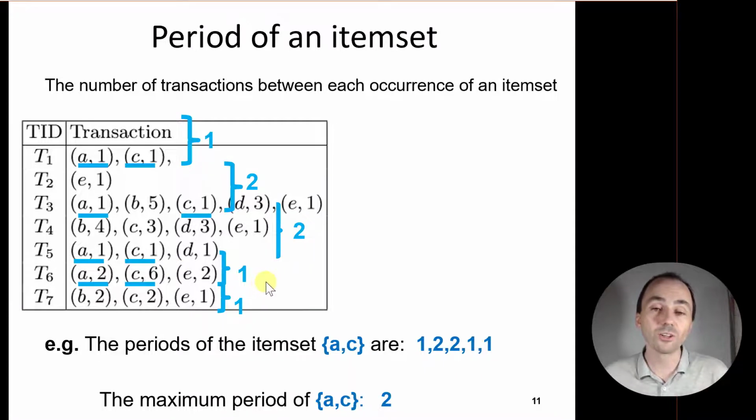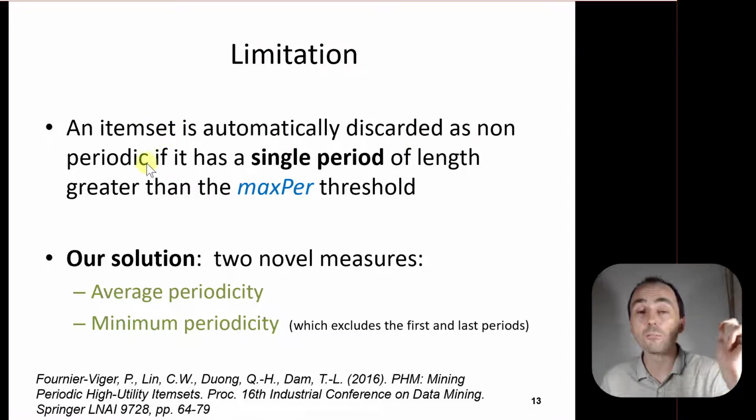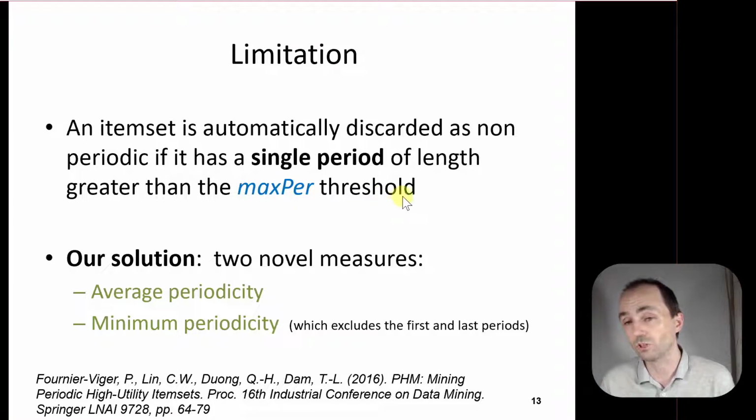Let's continue. We could use this definition of periodic item set mining for high utility item set mining, but there is a limitation. An item set will be automatically discarded as non-periodic if it has a single period greater than the maximum periodicity threshold.